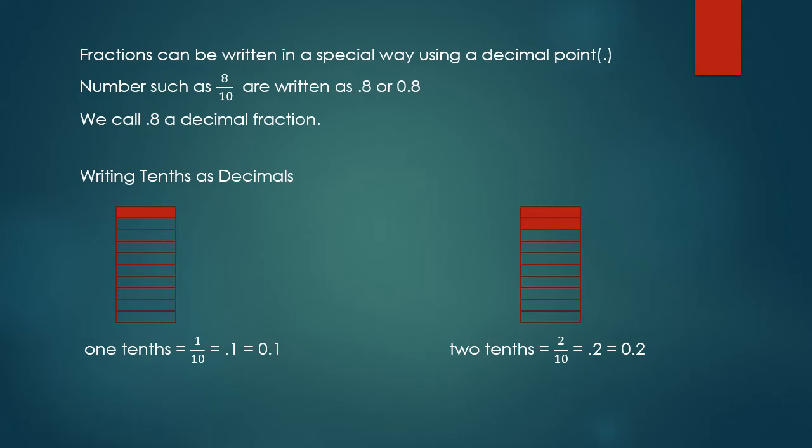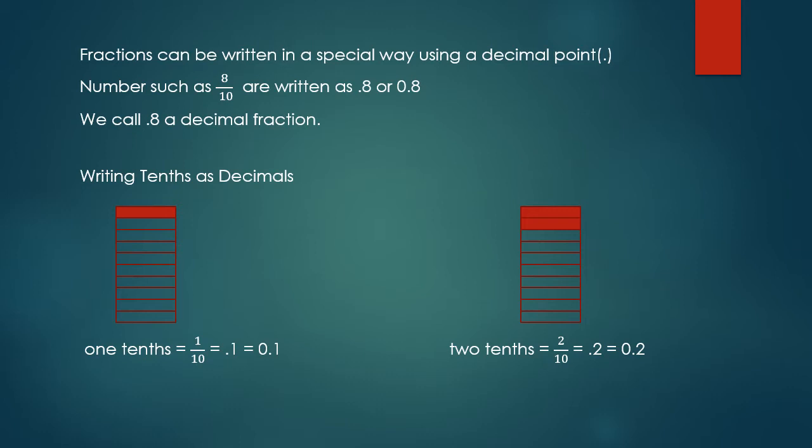See the next thing, writing tenths as decimal. We are having 10 parts of this figure. Out of this 10, 1 is shaded.